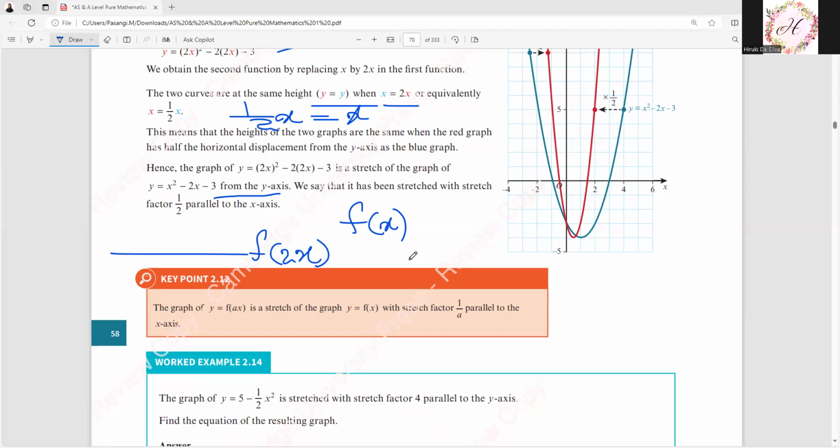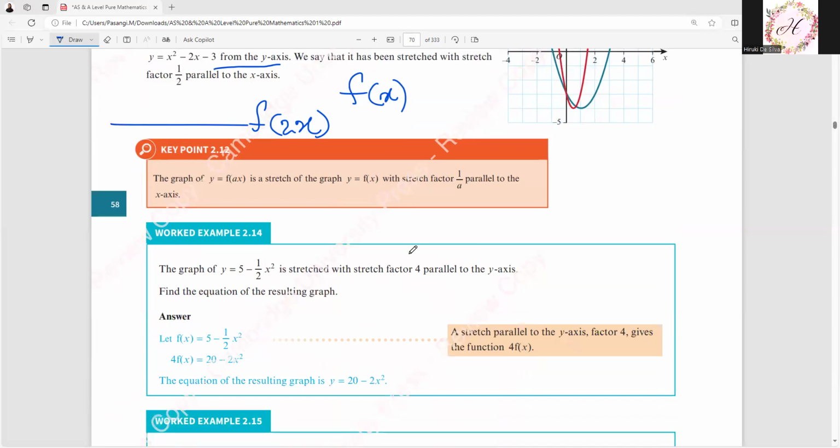Then the equation would be y equals 20 minus 2x squared. So what you have to do here: the graph of y equals 5 minus half x squared. Then they said it is stretched with a stretch factor 4 parallel to the y-axis.